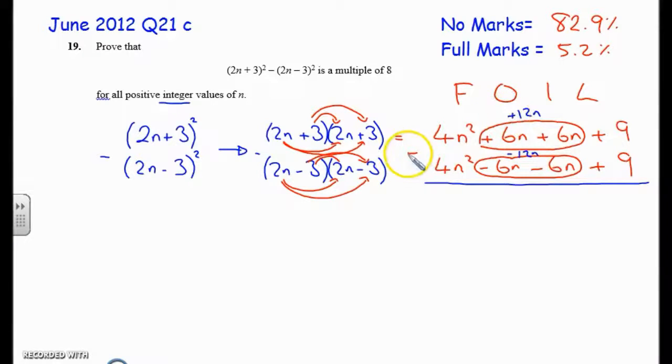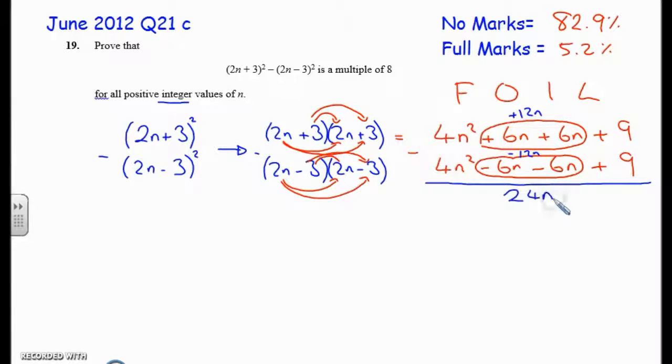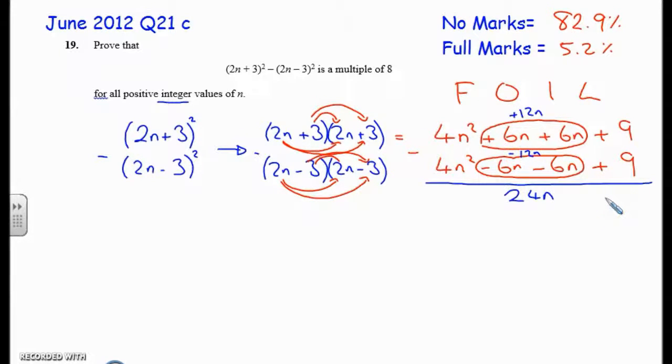So 12n minus a minus 12n. Now when you've got two negative signs next to each other, that becomes a plus. So really it's 12n plus 12n. That's going to leave me with 24n in the n's column. And the numbers are 9 minus 9, so that's going to be 0 as well. So we're left with 24n.